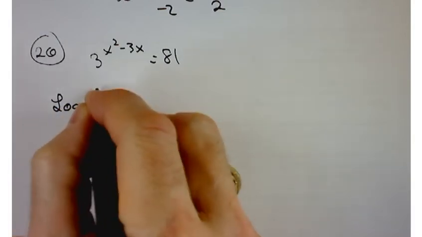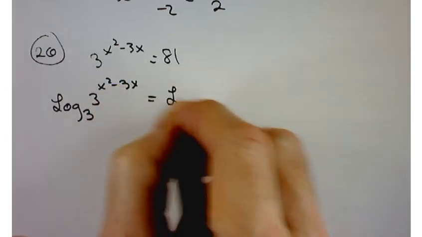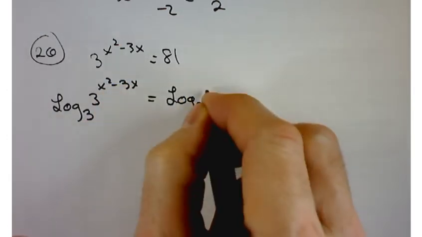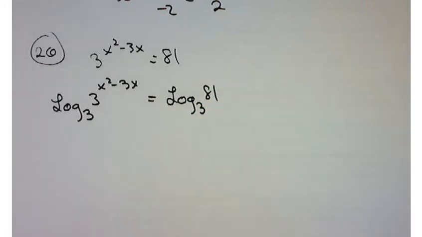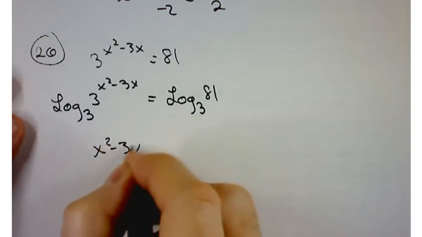Log base 3 of 3 to the x squared minus 3x. Perfect. Now, Zarima, the left-hand side is going to simplify for us, right? And Chris, get ready with the right-hand side. Good.